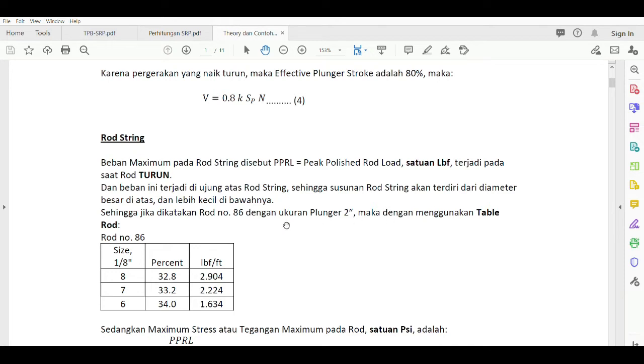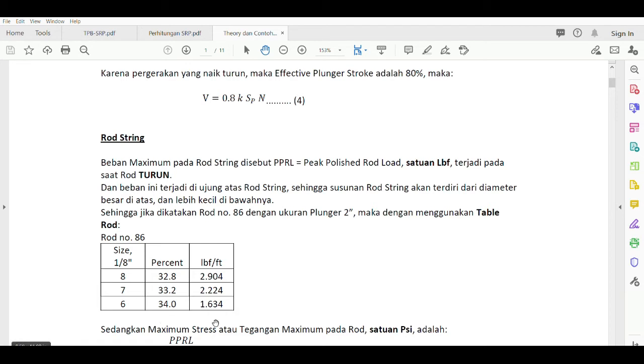The second one, if it's 6, means 6 over 8 inch. So it means 8 over 8 inch, 7 over 8 inch, and 6 divided by 8 inch. This is the way they make it. So the largest one is 8, then 7, and 6.